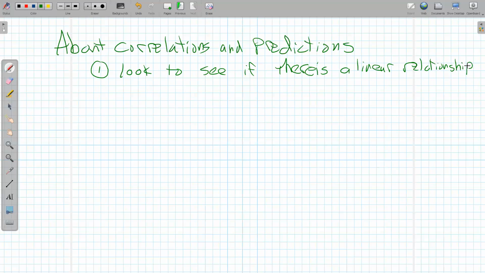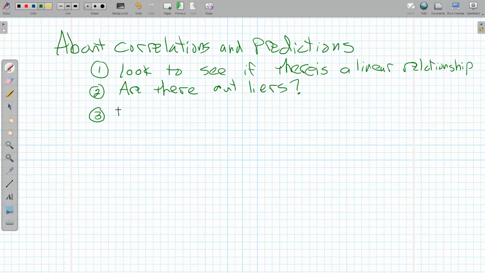If our human eyes don't see it, then there's no point in proceeding. 2, are there any significant outliers? That sometimes is a judgment call. There are ways to calculate that. We talked about some of them last time. And then if there are, what do we do about them? Do we pull them out to see if there's a difference, or do we leave them in there?